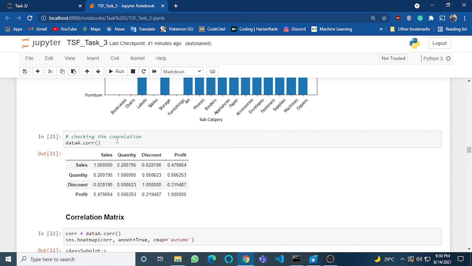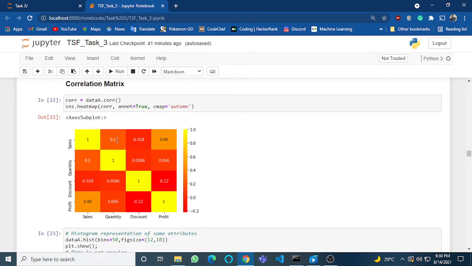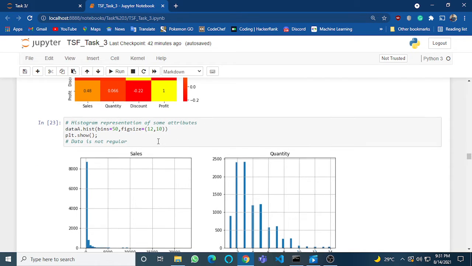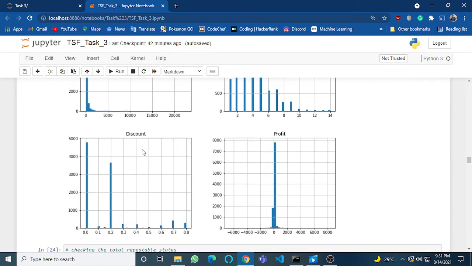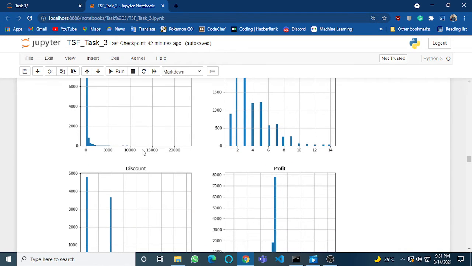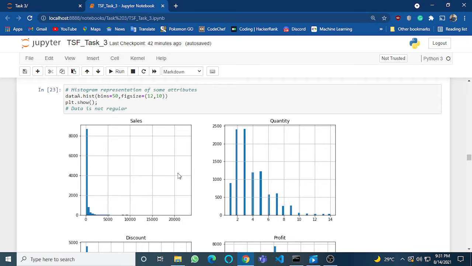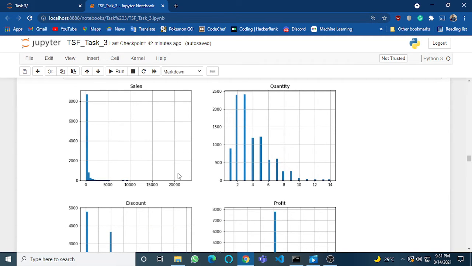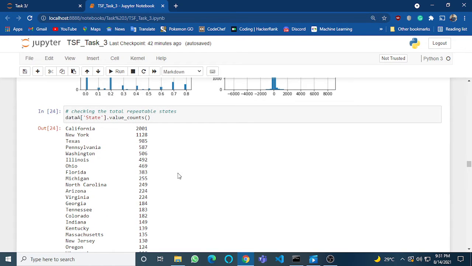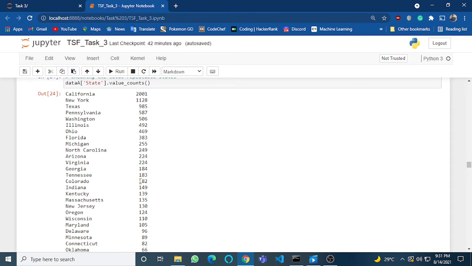Next, I have shown the correlation matrix here, and then I have plotted the histogram, and I have observed that the data is not regular here, as it varies a lot in many sub areas. Then I have checked the total repeatable states, and this is the data of it.